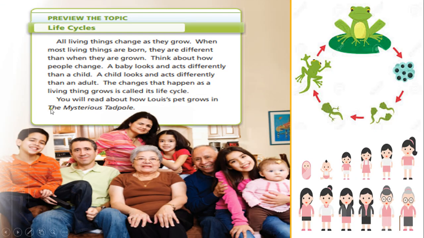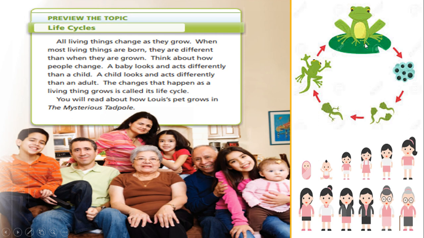Okay, preview the topic. Our topic is going to be about life cycles. We all know about the life cycle. Every living creature has a life cycle, whether it is a human being, an animal, or even a plant. All living things change as they grow.